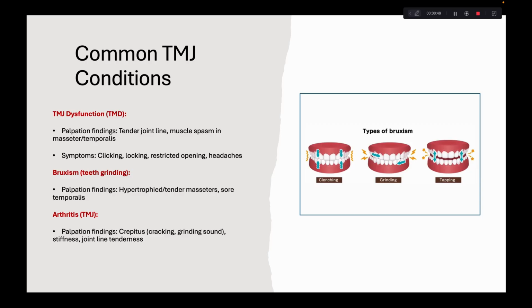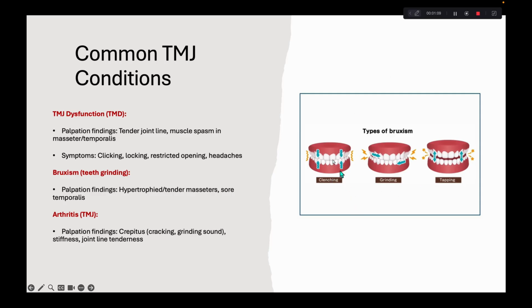You can also have arthritis in your temporomandibular joint. Palpation findings would include crepitus, so your cracking and grinding sounds, stiffness, and tenderness in the joint line. To the right, here's a couple examples of bruxism.